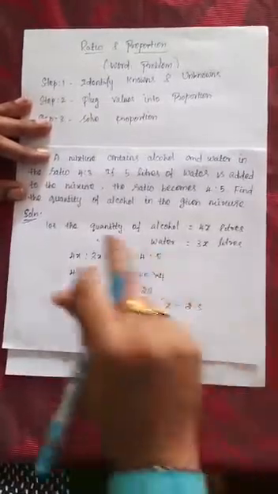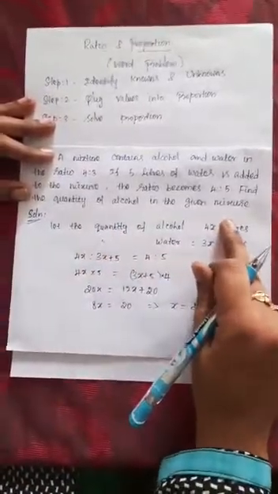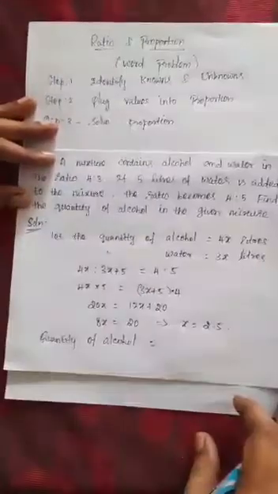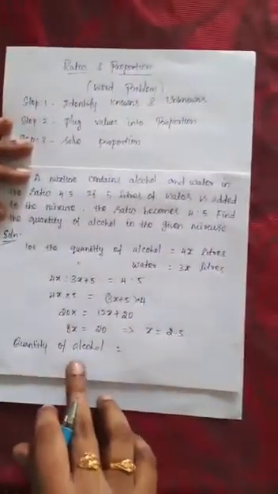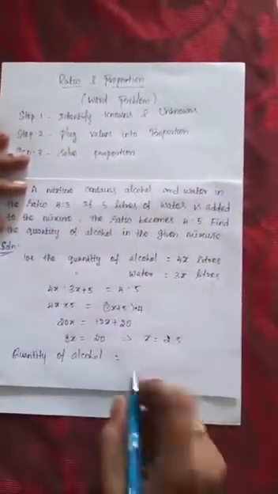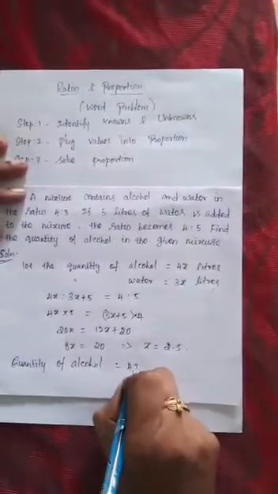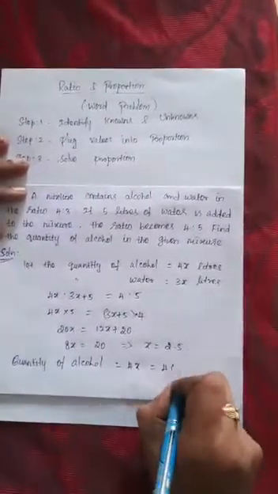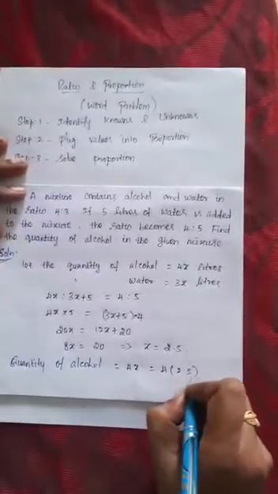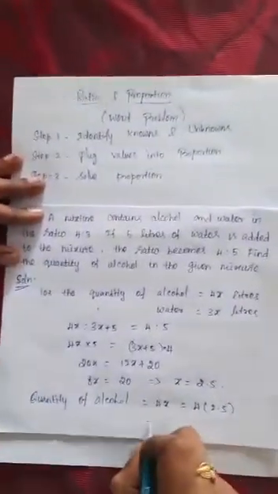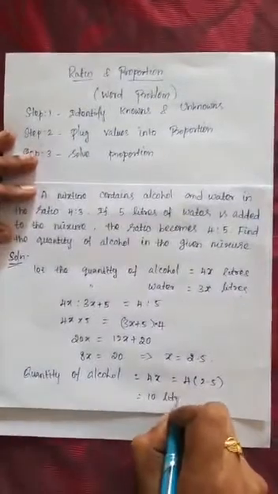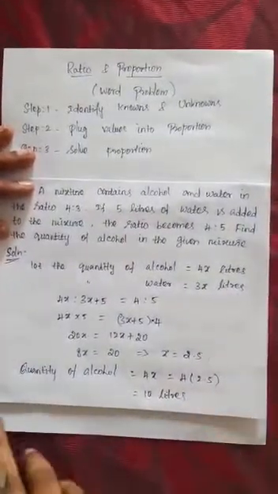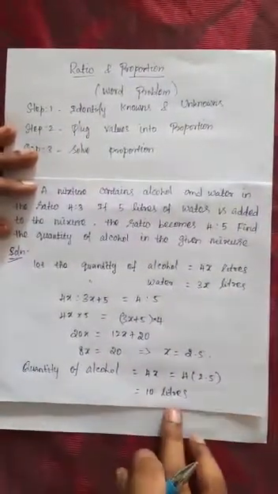We have to find the quantity of alcohol. Quantity of alcohol is equal to 4x. So 4 into x, here x is 2.5. So 4 into 2.5 is equal to 10 liters. So the quantity of alcohol is equal to 10 liters.